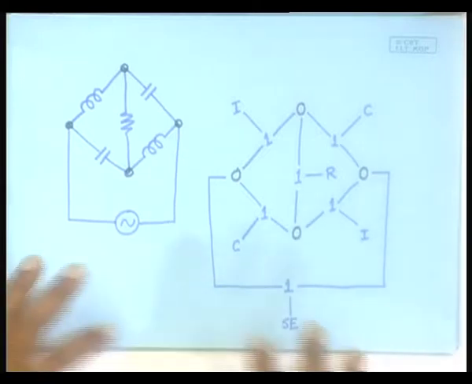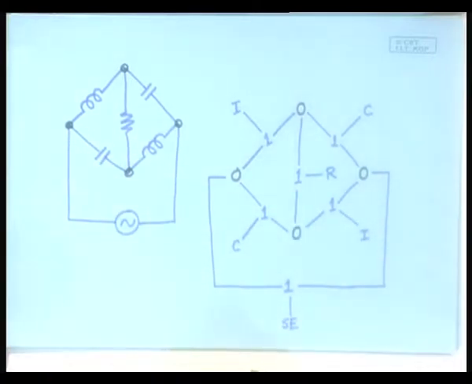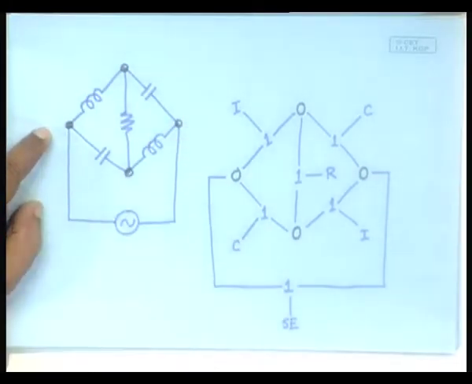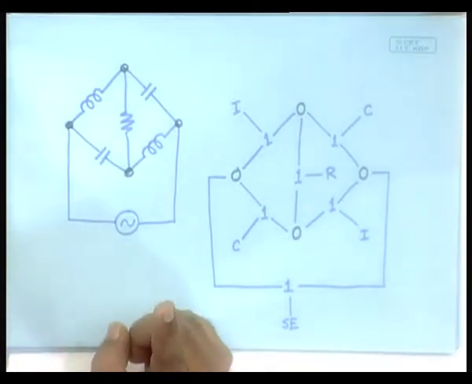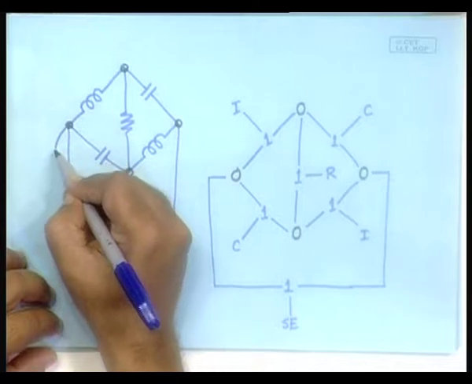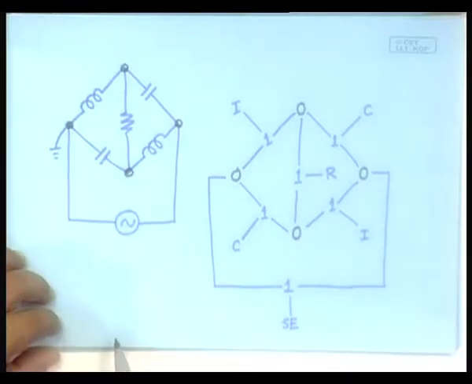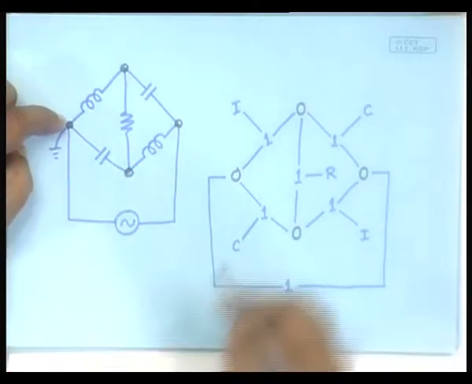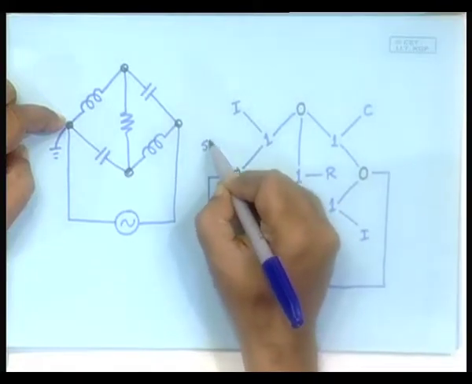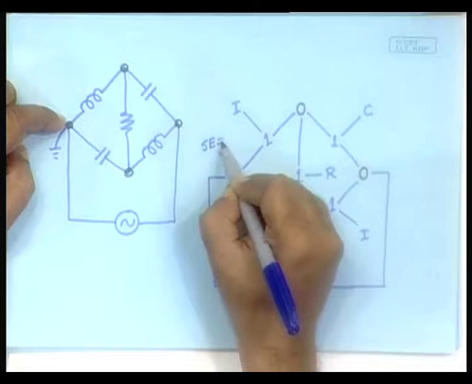Now, we need to reduce this, and the way of reducing would be, as I told you, that out of these different nodes, one would be assumed to be at 0 potential, grounded. So, let us assume this is grounded. The moment you do that, you effectively say that here is an element connected which is equal to 0.